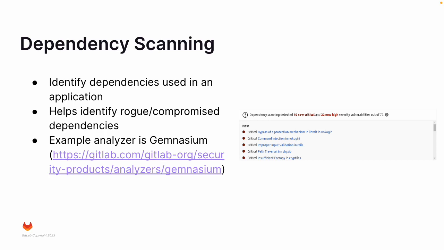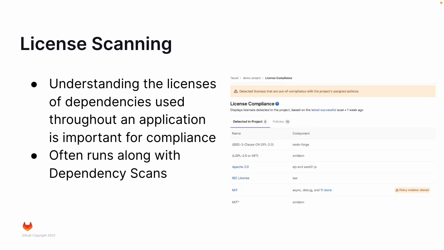And then also part of dependency scanning is license scanning. Licensing is a huge deal, especially if you are big on compliance. For example, HashiCorp changed their license recently. What if your organization doesn't use that type of license? What if your organization, especially in regulated environments, doesn't use the MIT license or the Apache license?